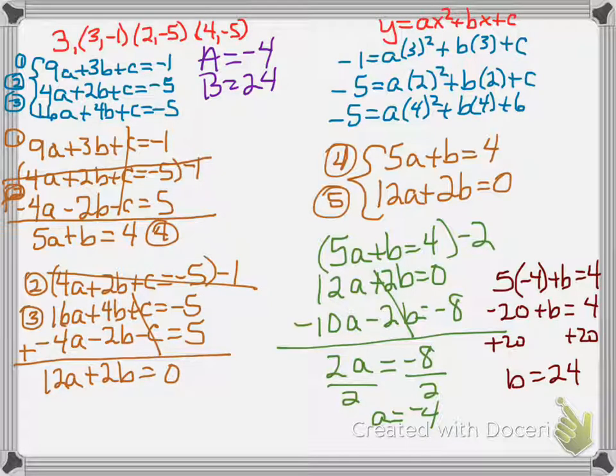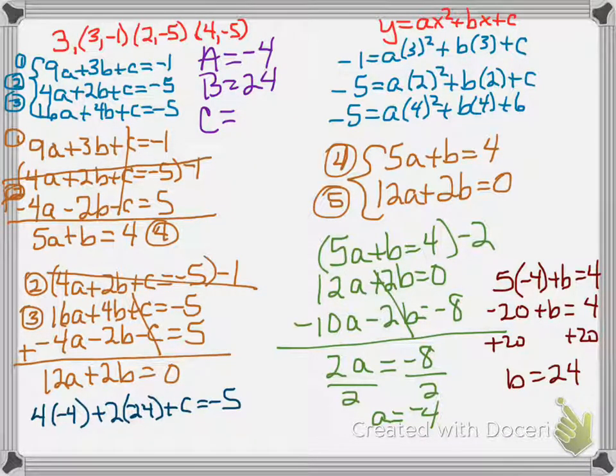There we go. Now, let's use equation number 2 to find c. So I've got 4 times a, which is -4, plus 2 times b, which is 24, plus c is -5.